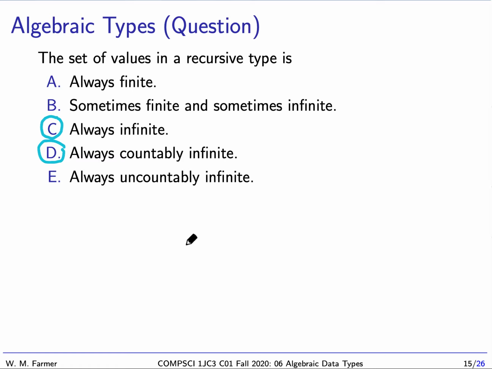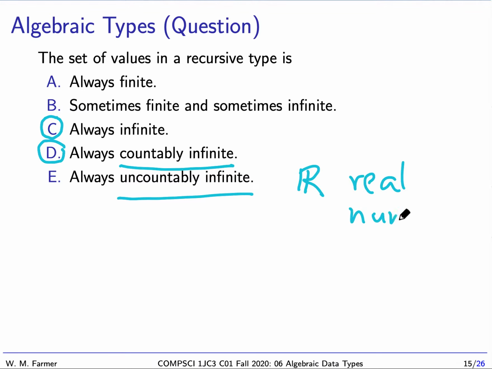And sets that have the same cardinality as the natural numbers, we can call those countably infinite. Sets which have a bigger cardinality are called uncountably infinite. And the best example is the real numbers. The real numbers are uncountable. That means we cannot count them out by saying we have the first real number, second real number, and so forth.